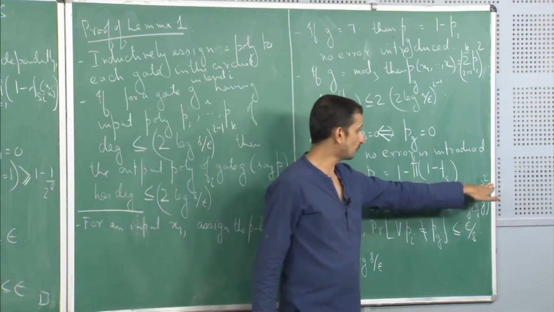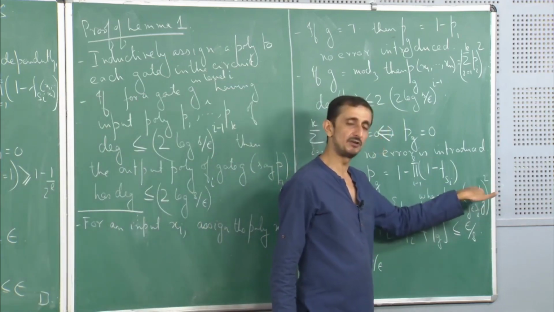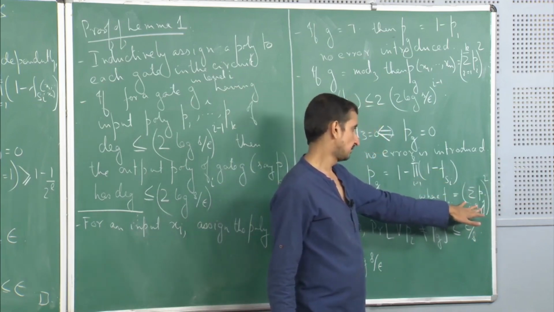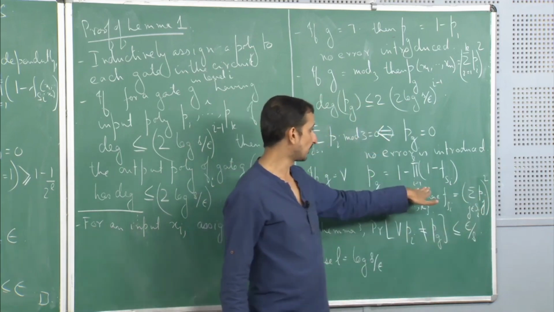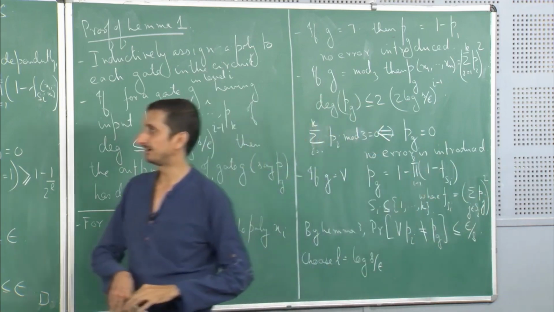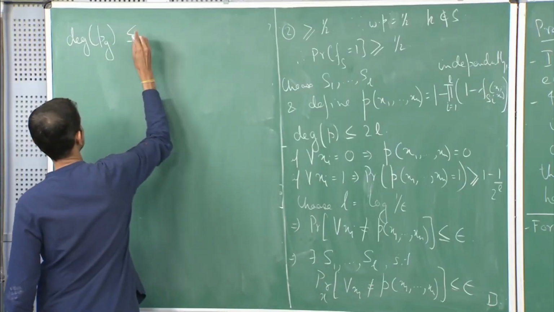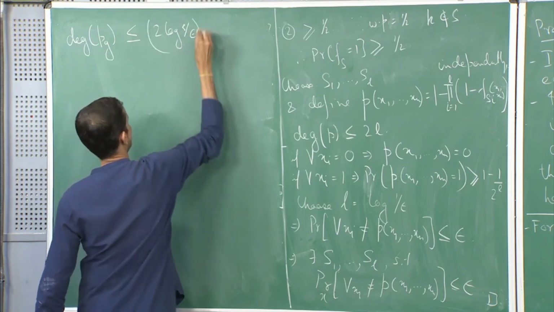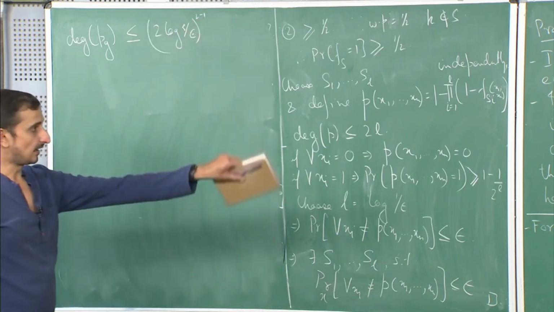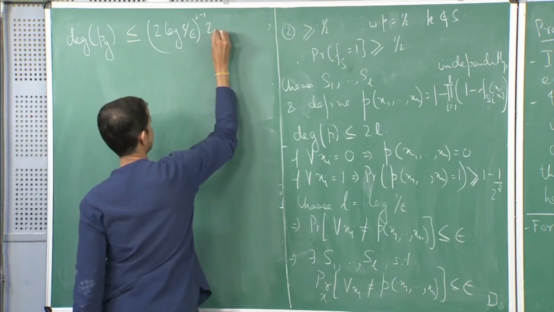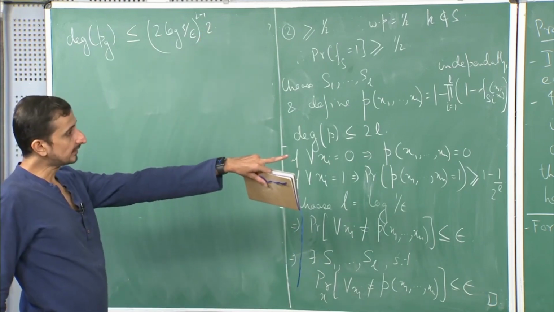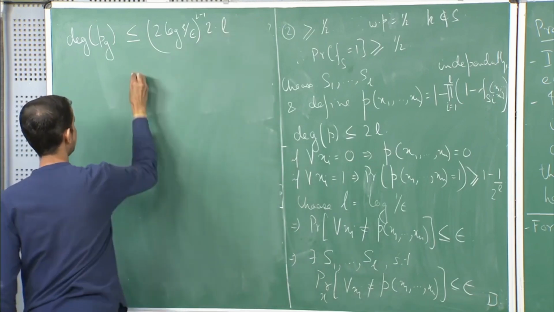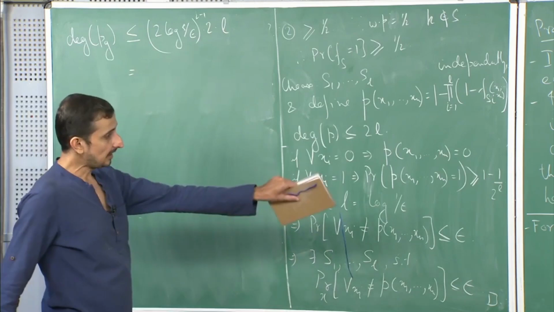So the square of the sum will be twice that, and this product will be L times that. So the degree is at most 2 log S by epsilon to the power i minus 1; I take a square, so this gets multiplied with 2; I take a product L times, so this gets multiplied with L. And here I am choosing my L to be log of S by epsilon.